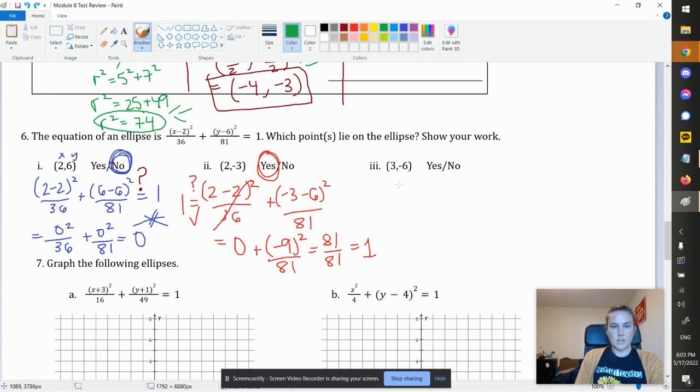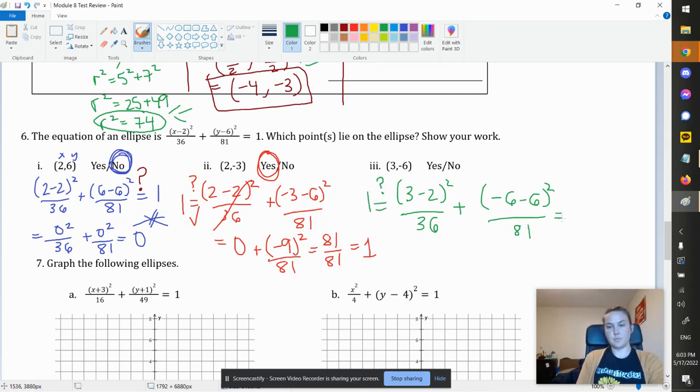Let's run it back. If you plug in 3 for x, and if you plug in negative 6 for y, does this equal 1? Let's find out. Negative 3 minus 2 is 1. Negative 6 minus 6 is negative 12. 1 squared is 1. 12 squared is 144.